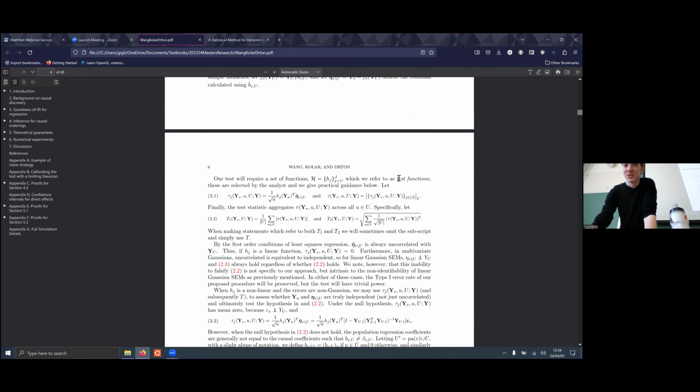They're test functions, the test functions selected by the analyst, and they'll give guidance below on exactly how you want to choose those so that they give a high likelihood of an independent result.